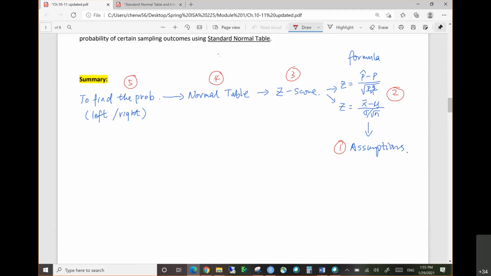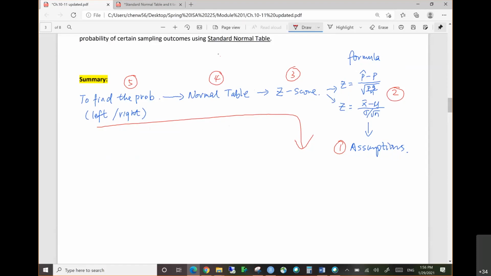This direction is actually what we need when we want to solve a problem. But when you solve the problem, you need to follow the steps reversely. So we need to check the assumptions.